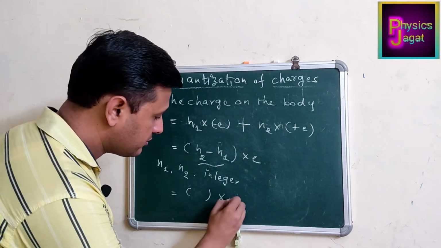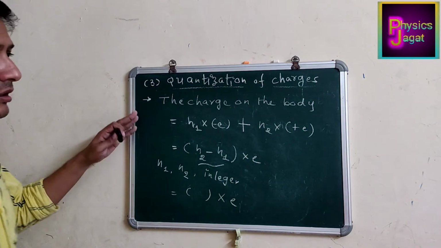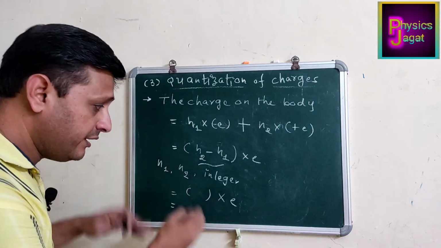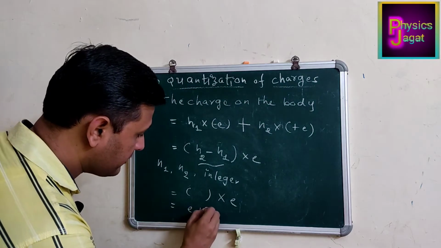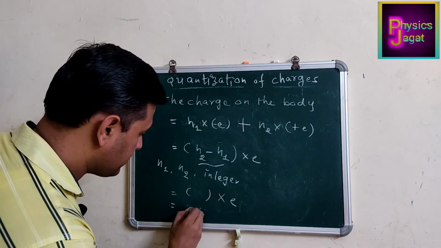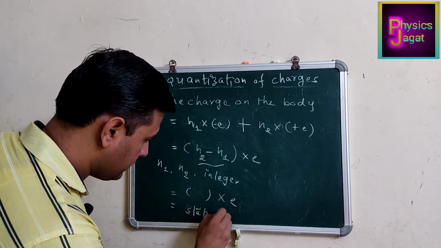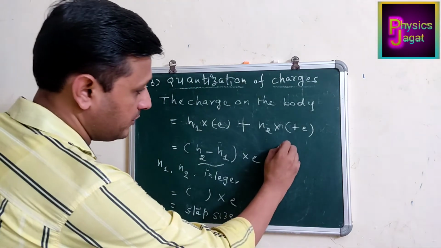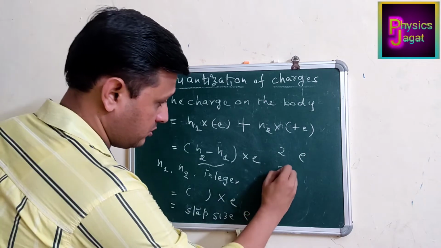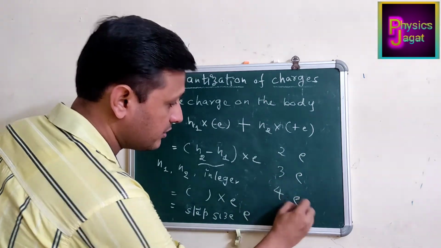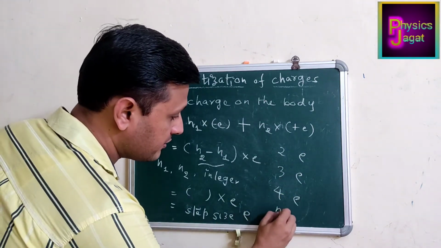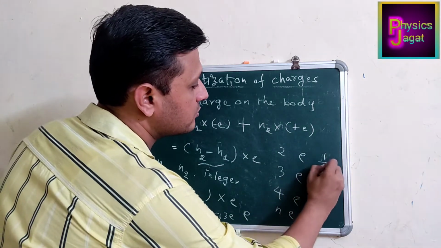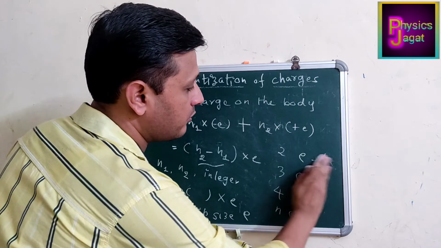That means the total charge on any body is always an integer in step size of E. It will give you 2E, 3E, 4E, whatever, nE, but not half E. This is not allowed.